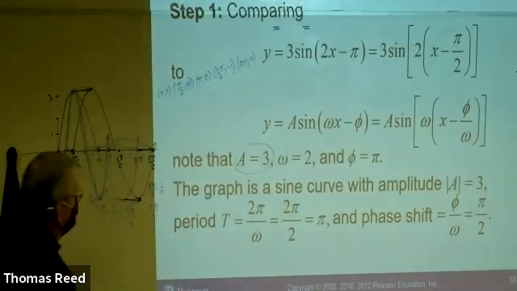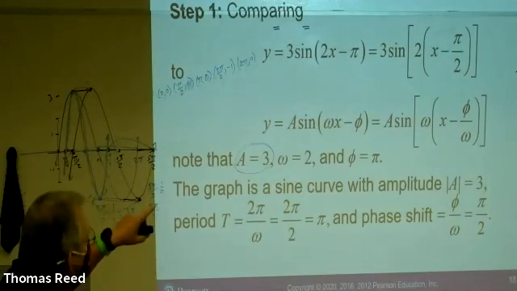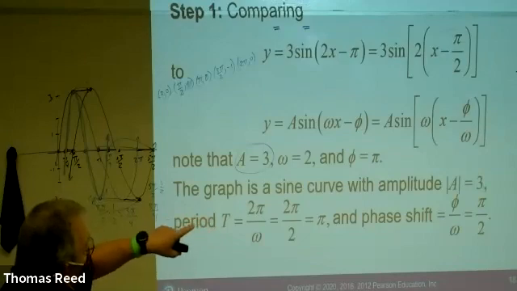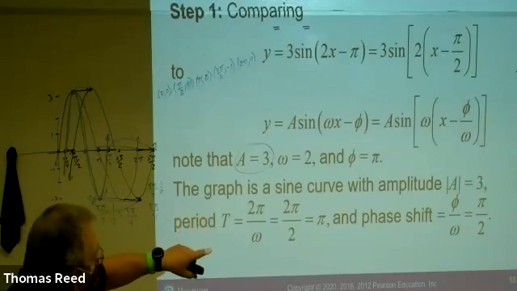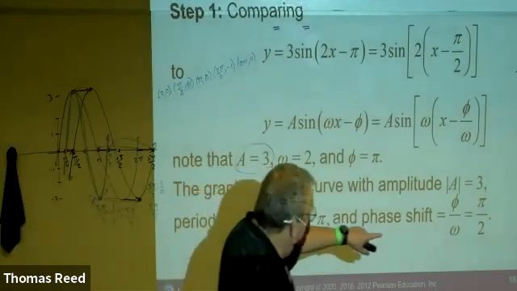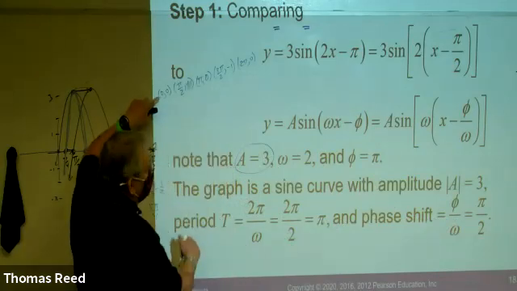So the first thing I did was my phase shift, which was adding the phase shift, which is 1/2 pi, to my x values.